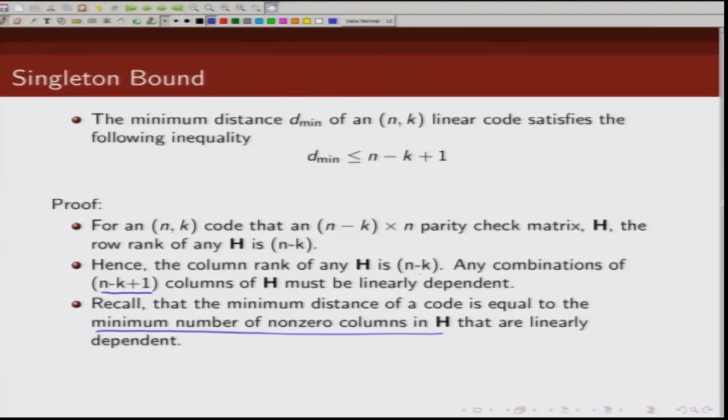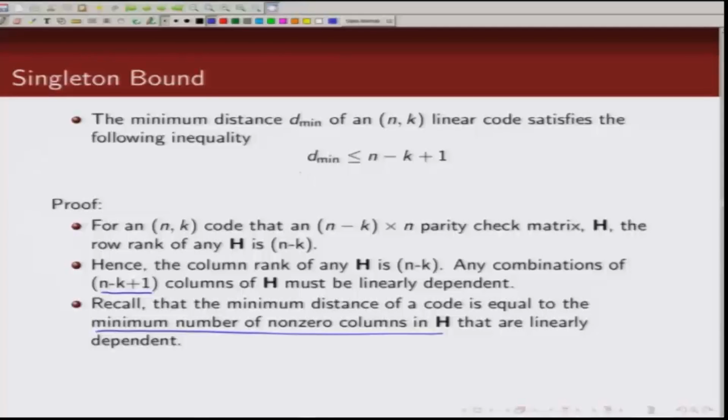Because the column rank is n minus k, and if n minus k plus 1 columns add up to 0, that means the minimum distance can be at most n minus k plus 1. Hence, we prove that the minimum distance of a linear (n,k) code is upper bounded by n minus k plus 1.